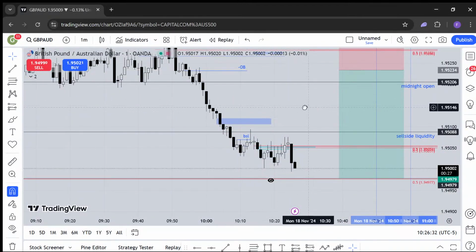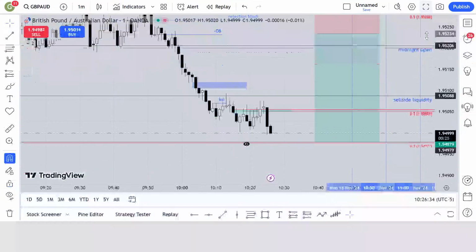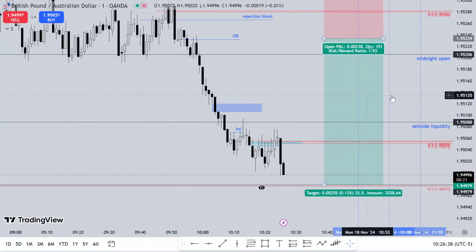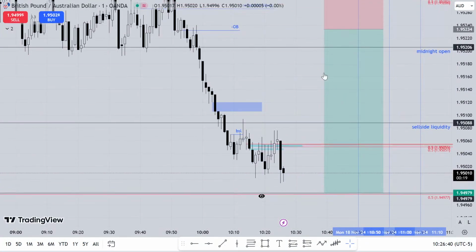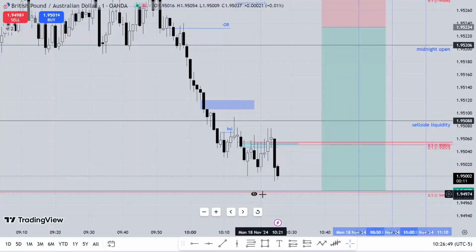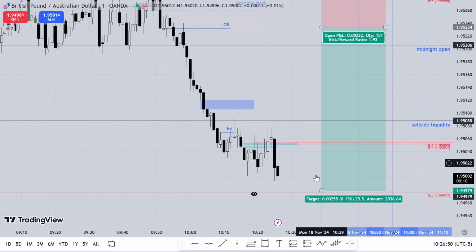Okay. OBX crashed previously, but the trade didn't crash. So it doesn't really matter what OBS tends to do as long as the market exists without OBS. Does that make sense? So price is coming to these lows now.